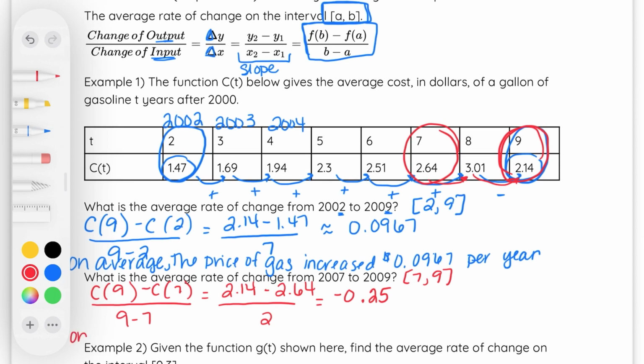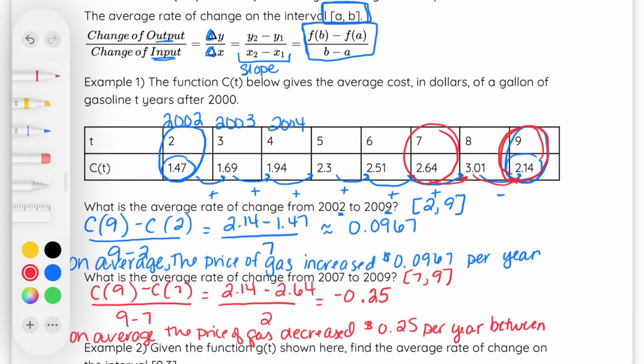So we would say that on average, the price of gas decreased 25 cents per year. And you could even say between 2007 and 2009. So you could be specific about what specific time frame we're talking about.